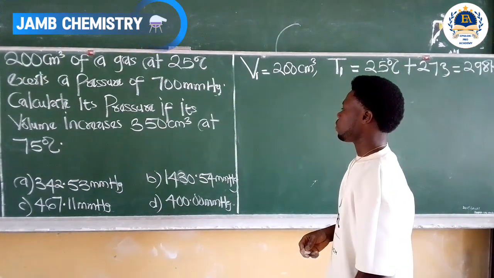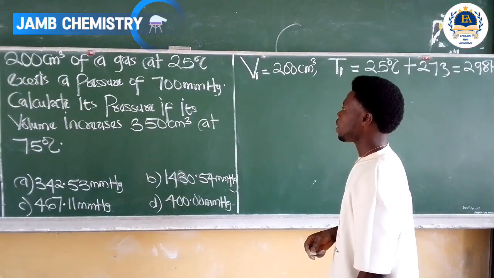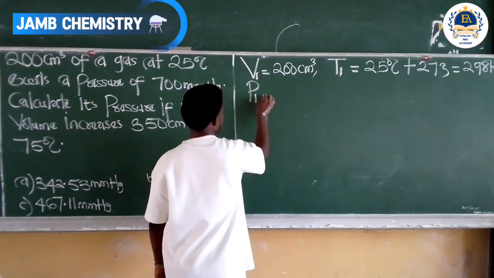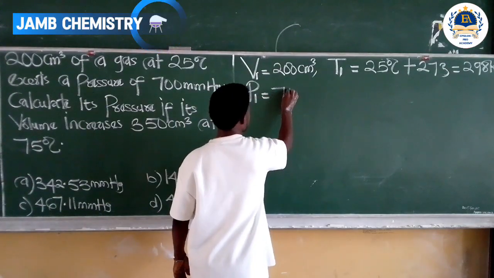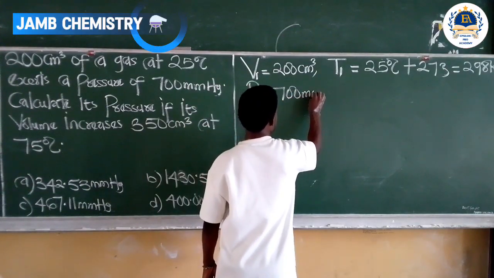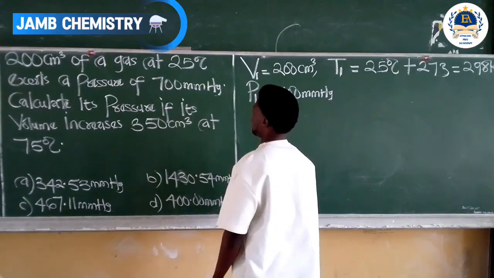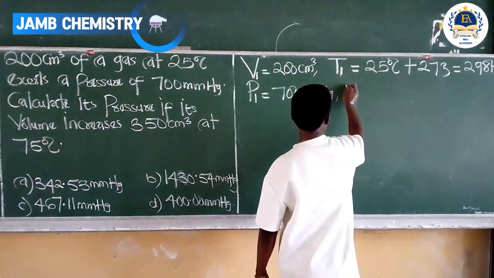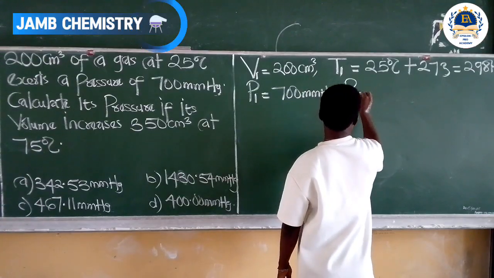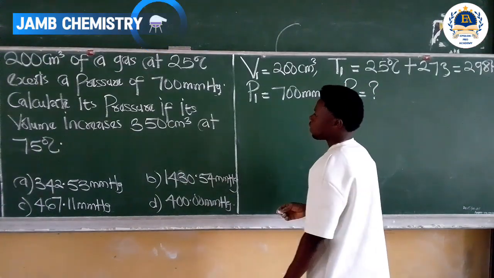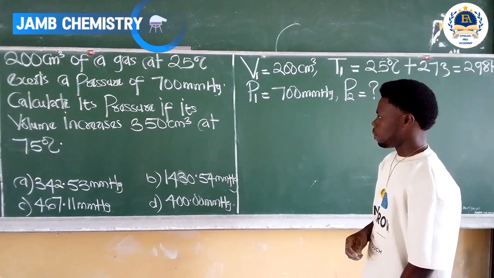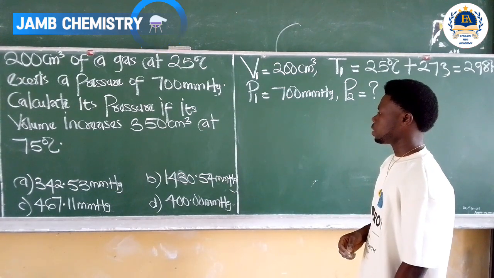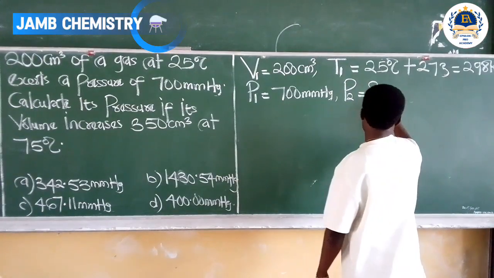It exerts a pressure of 700 millimeter mercury. So the pressure P1 is equal to 700 millimeter mercury. Calculate its pressure. P2 is unknown. Calculate its pressure if its volume increases to 350 cm3.